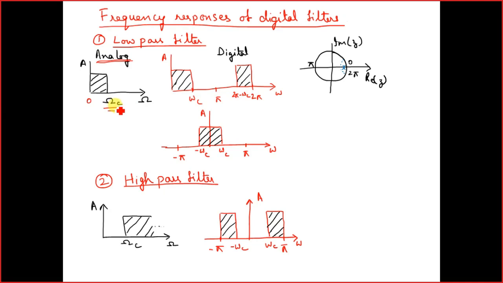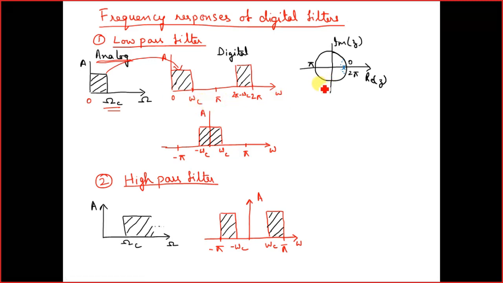Now, when we come to the digital filter, if you remember the Z plane, we are restricted to the range of 0 to 2 pi. Just like the analog filters, we have frequency components which vary from 0 to omega c in the digital domain also.